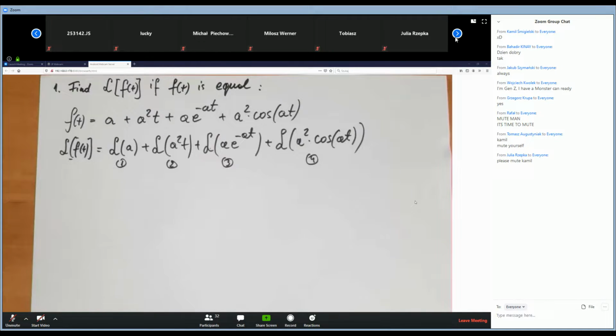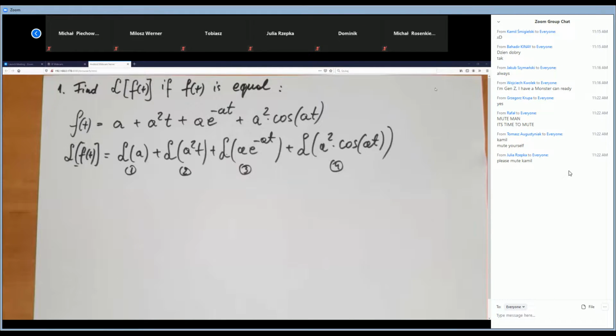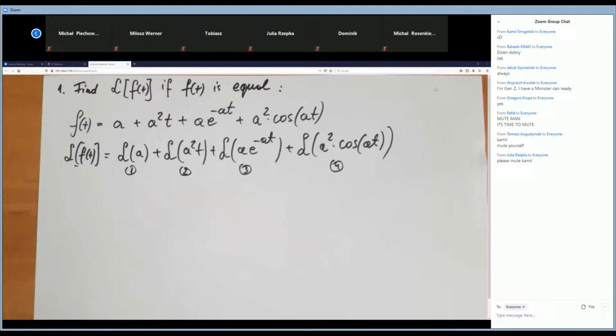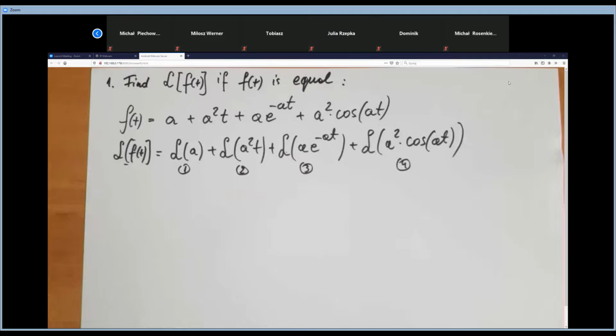Okay, never mind. Great. So please tell me, do you have this table with the Laplace transformation? Yeah, there was a slide with this. Yeah, of course. So as you see, it is necessary to have it because we'll use it from this moment. We'll use it very often, and the first thing, you don't have to learn the whole table.